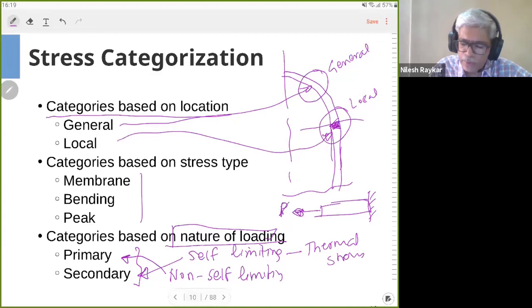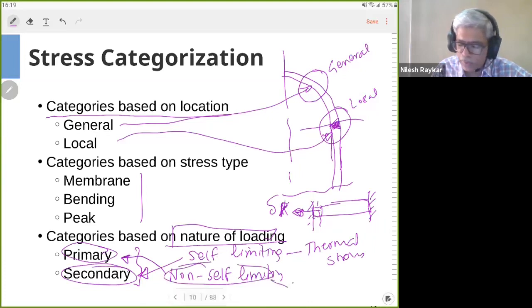Whereas if we are giving displacement loading instead of load, if you are pulling by a finite displacement, beyond a certain displacement the material will yield, and after that the stresses will not increase, because the nature of the stress strain curve limits the stress levels. So those are the secondary stresses which have higher allowable limits, and primary stresses which originate from non-self-limiting loads like pressure or dead weight have lesser limiting load.